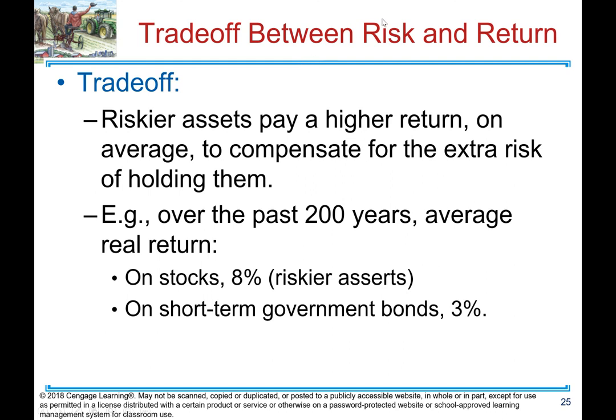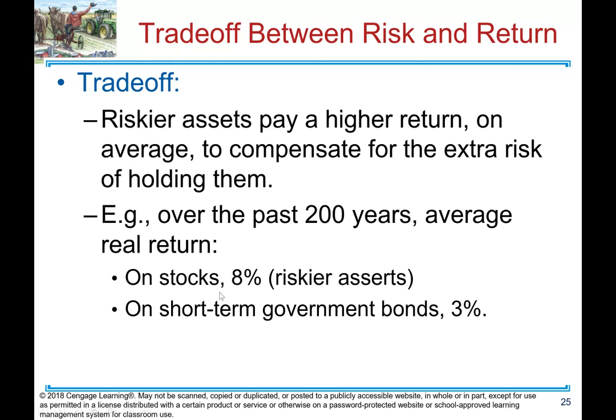Riskier assets pay higher return on average to compensate for the extra risk of holding them. For example, over the past 200 years, the average real return on stocks is 8%. Those are riskier assets. On short-term government bonds, it is 3%.